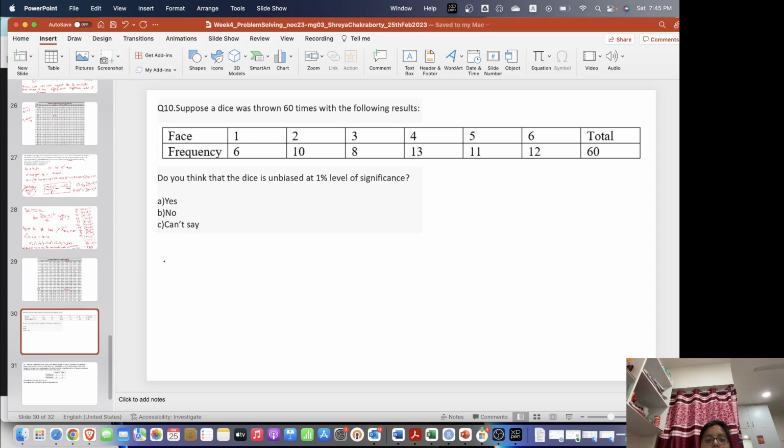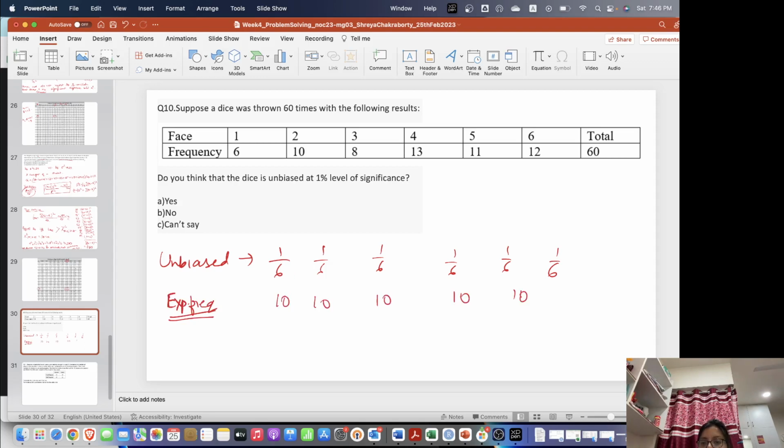It means that if it is unbiased, then all sides would have equal probabilities, 1/6 each. So then the expected frequencies would be 10, 10, 10, 10, 10, 10. It should be equal if it is unbiased.